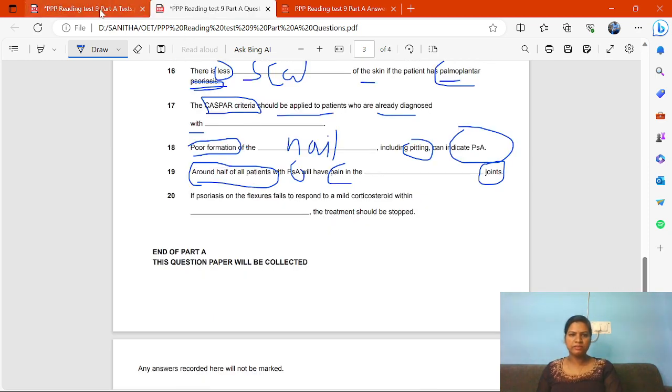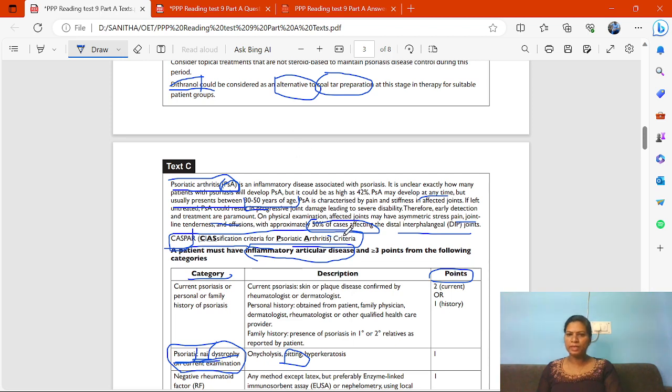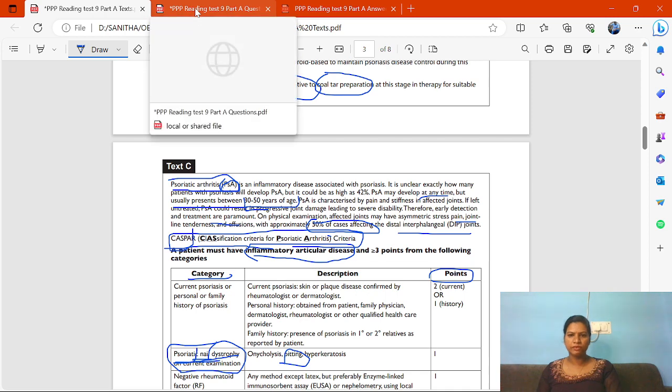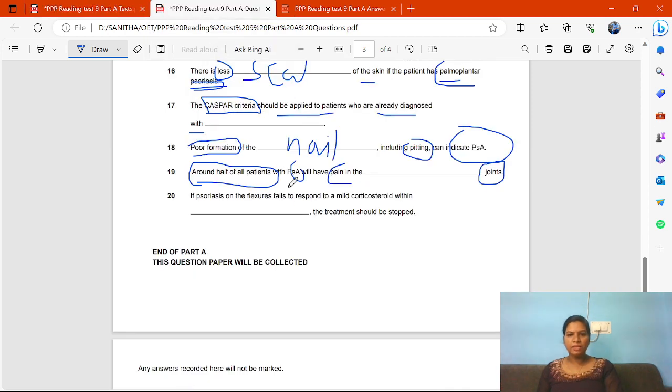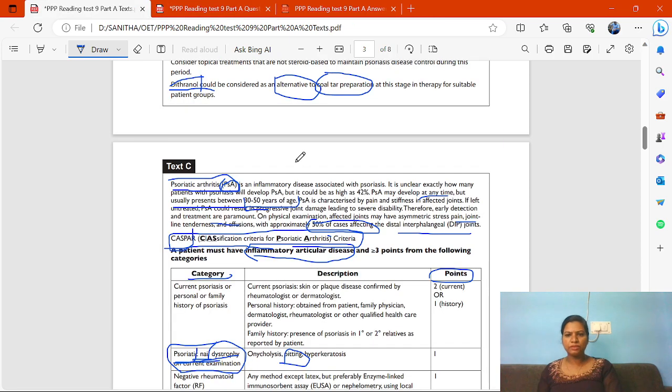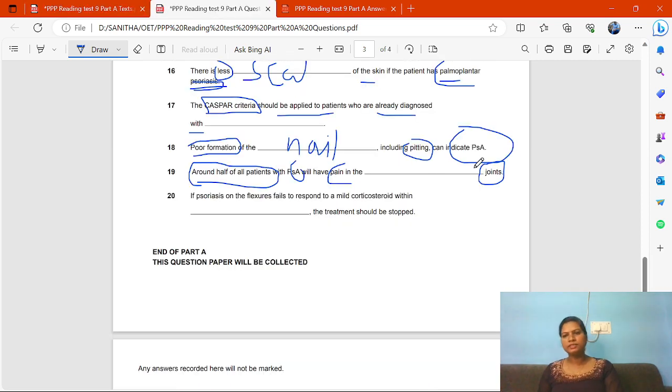Half of the patients means 50% of cases. They are measuring the half of the patients. With PSA we will have pain in the dash joints. Here it is saying about the pain, stress joint, joint line tenderness, where it is the distal interphalangeal joints. Pain will affect the distal interphalangeal joints.